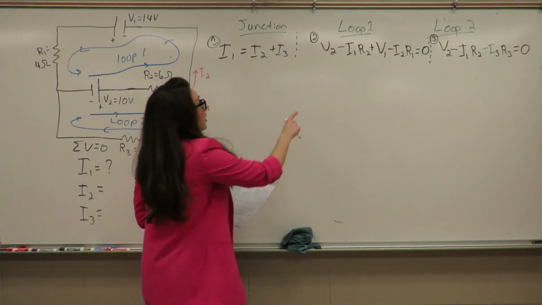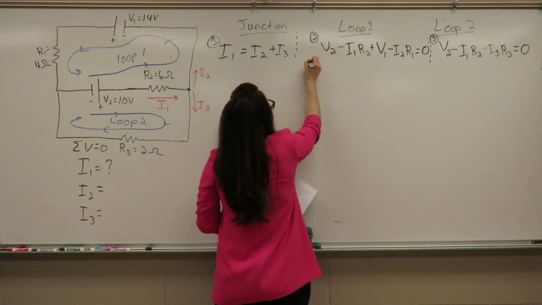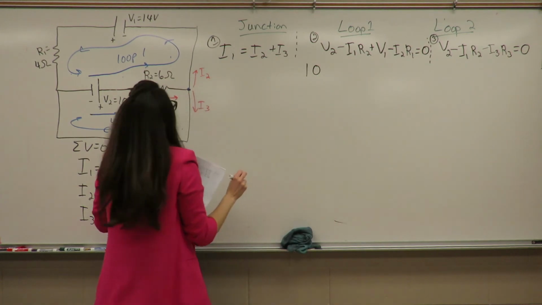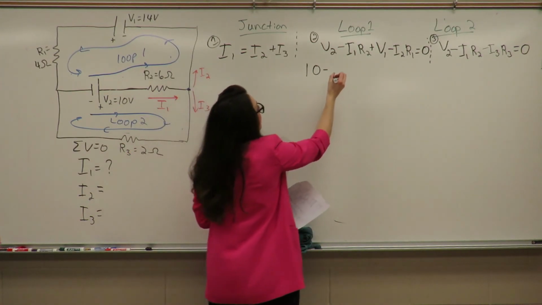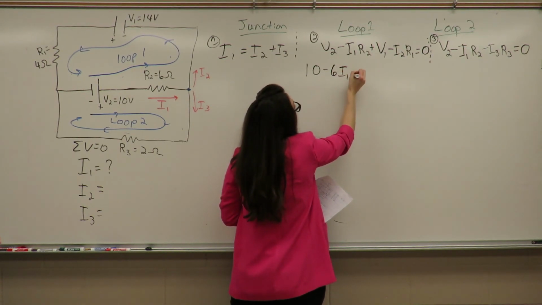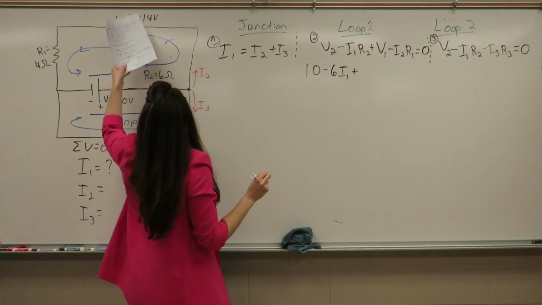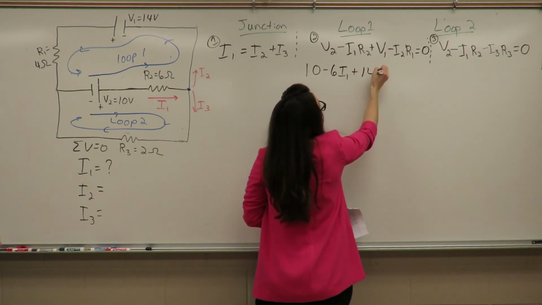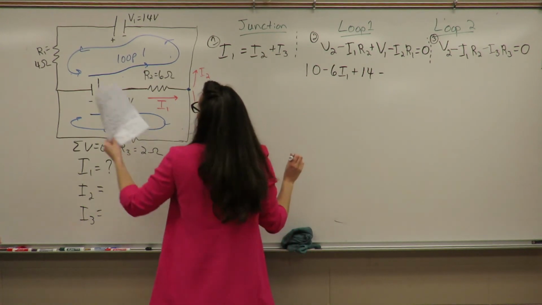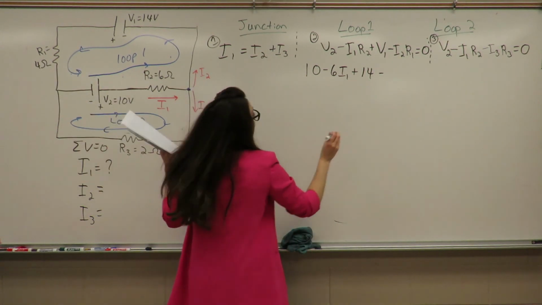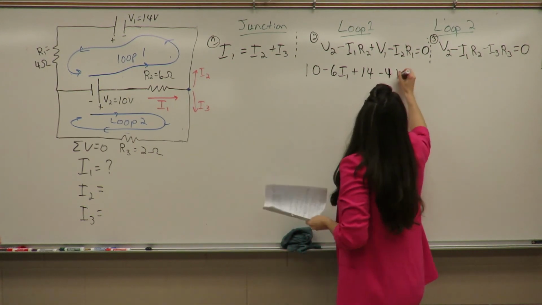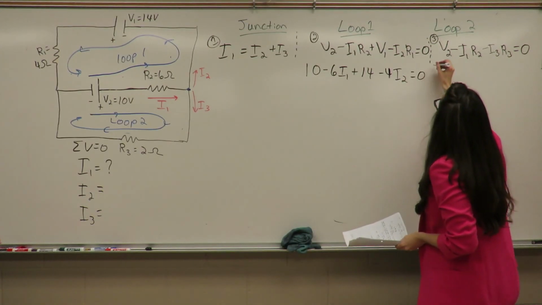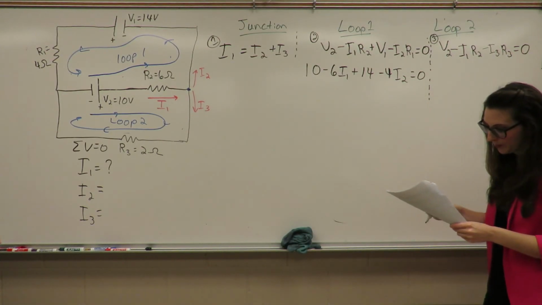So if I start with equation 2 here, I'm going to have V2 was 10 volts minus R2 is 6 ohms, so minus 6I1, plus V1 is 14 volts, plus 14 minus, through my first resistor we have 4 ohms, so minus 4I2, and that all equals 0, okay?